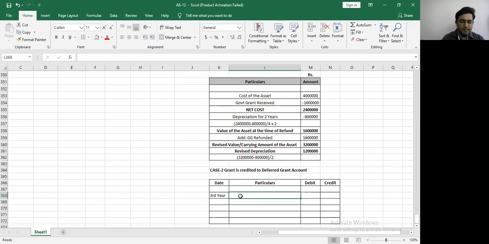Third year, the entry will be unearned government grant account debit, profit and loss account debit, to bank account. This will be a journal entry.